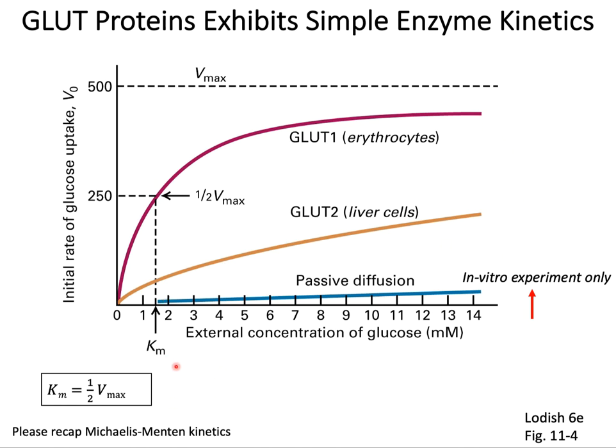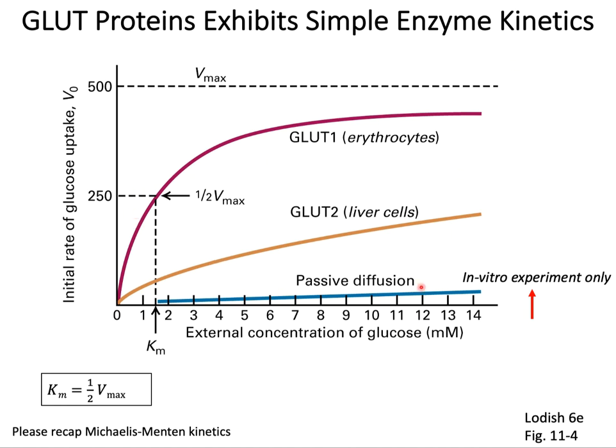The low Km of the GLUT1 uniporter enables it to transport glucose into most mammalian cells. Blood glucose is 5 millimolar, and GLUT1 transports at 77% of its maximum rate.